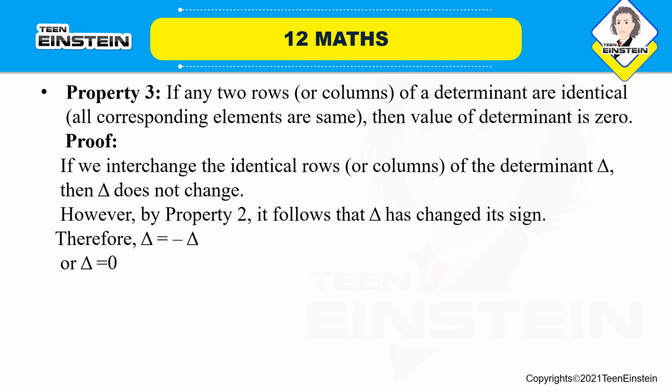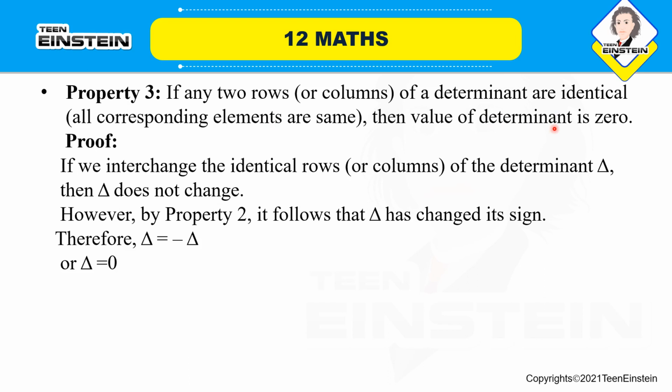Now I move on to property number 3. What is the statement of property 3? Property 3 is: if any two rows or any two columns of a determinant are identical, meaning the same, then the value of the determinant is 0.